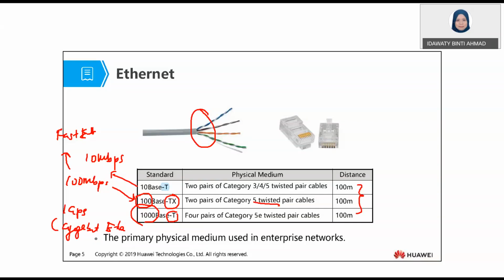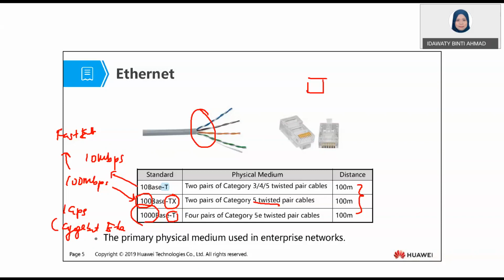So whether you take Cat 3, 4 or 5, the most you can go for one cable is 100 meters. Let's say you have a host here. This one I repeat again and again.